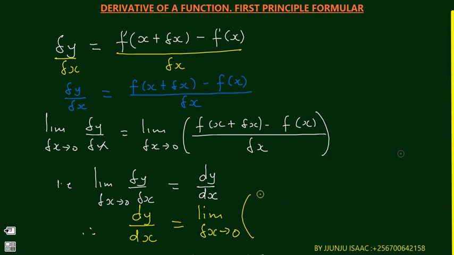So this is f of x plus delta x minus f of x upon delta x. So always remember this formula.